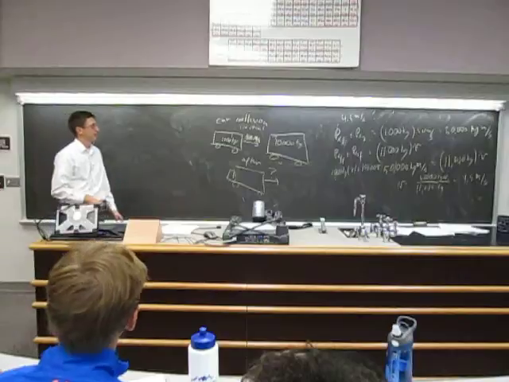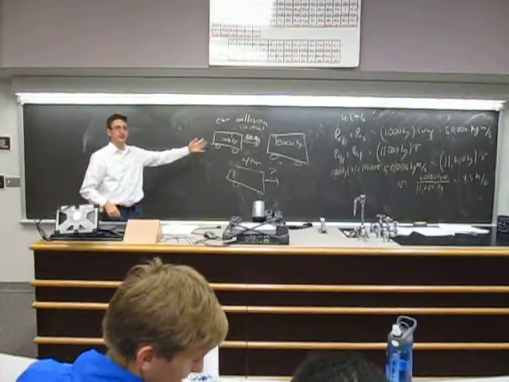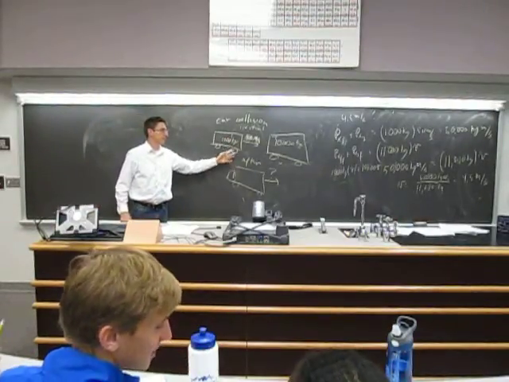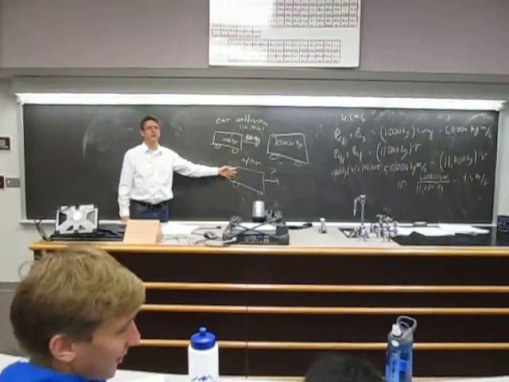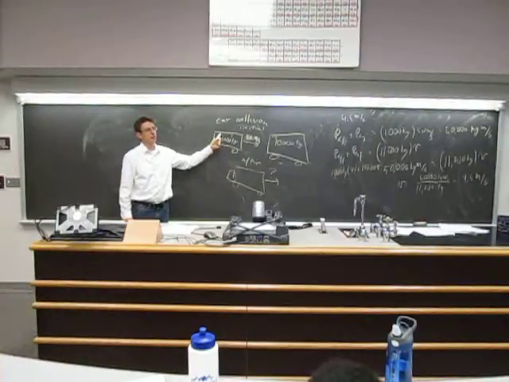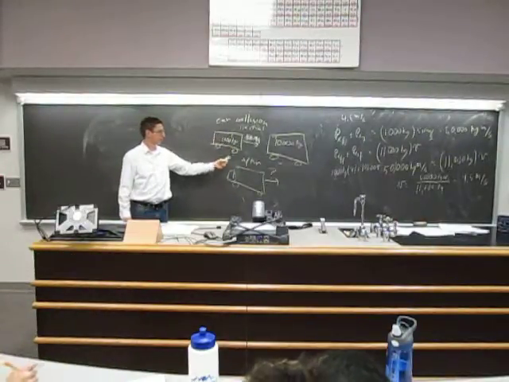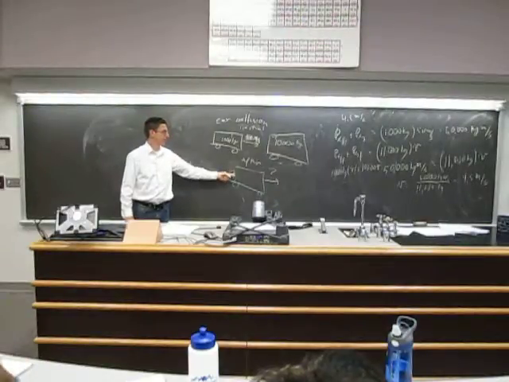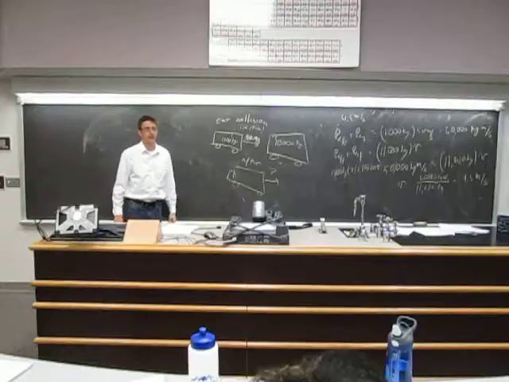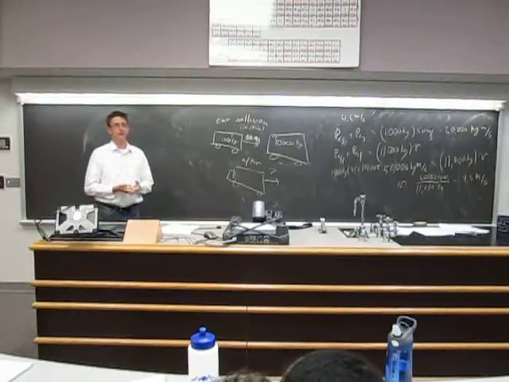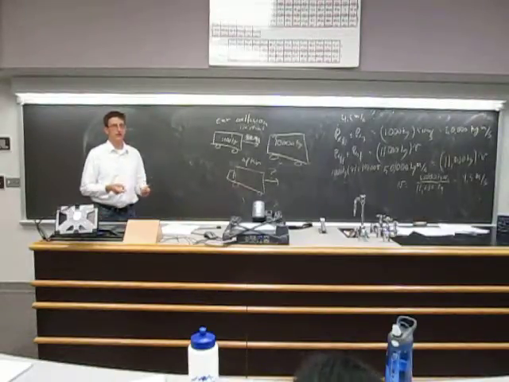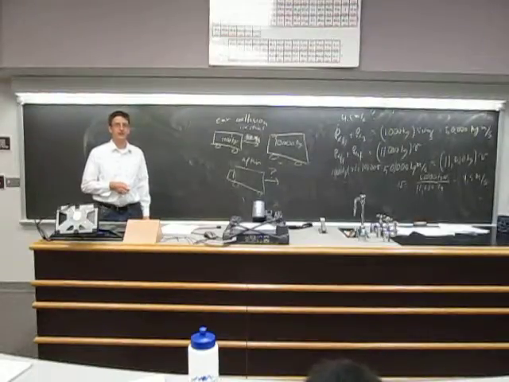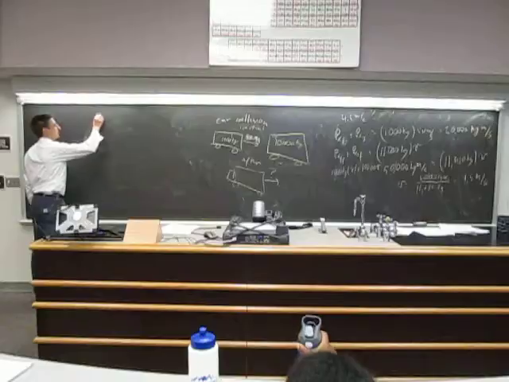Okay. So we've been looking at conservation of momentum. This is a special type of collision that we'll deal with in the future. A collision where the final two objects are stuck together and moving with the same velocity. That's called an inelastic collision.